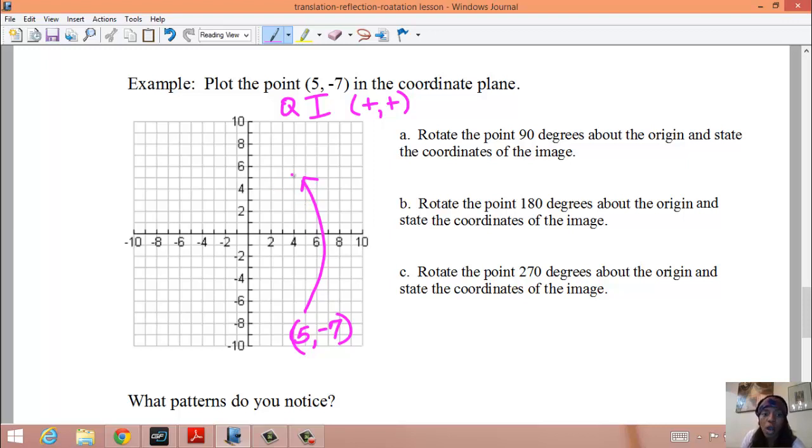In this particular quadrant, we know that there is one coordinate of 5, 7, right? So let's look and see. There's 5, 7, right? So it could end up here, or it could be coordinate 7, 5. So coordinate 7, 5. How can you tell?